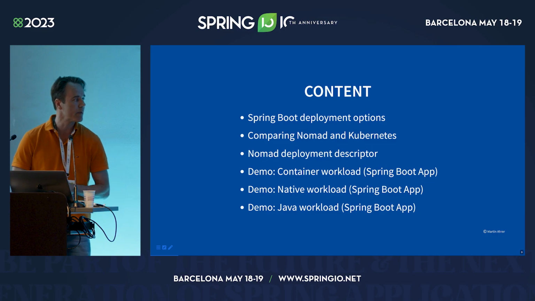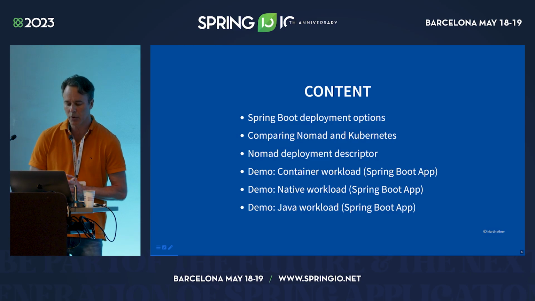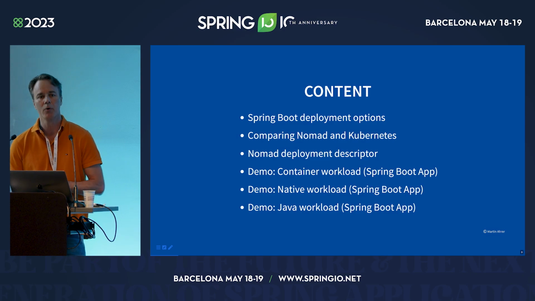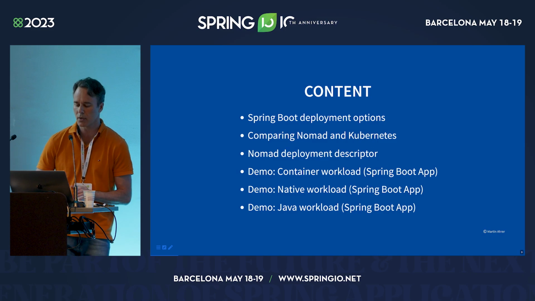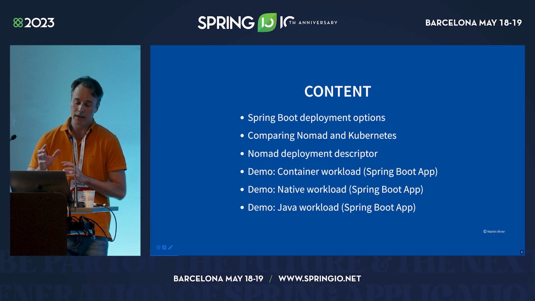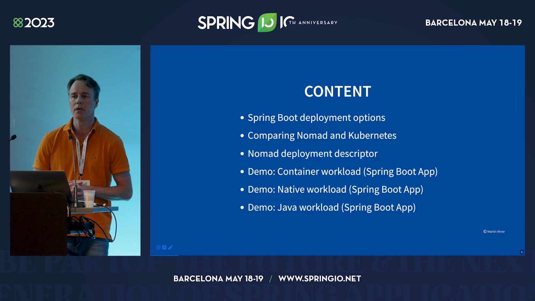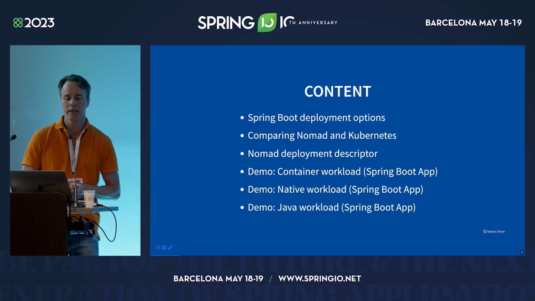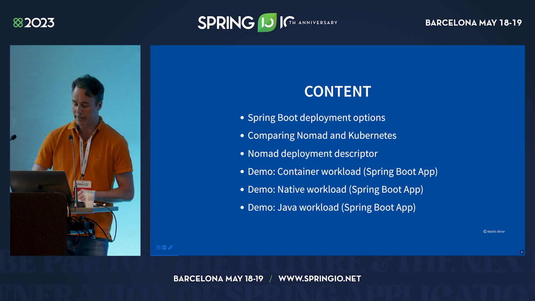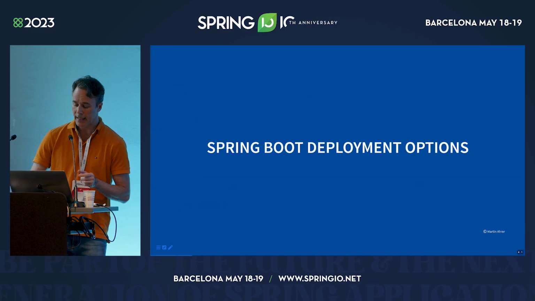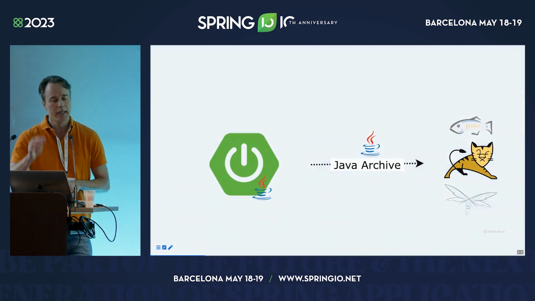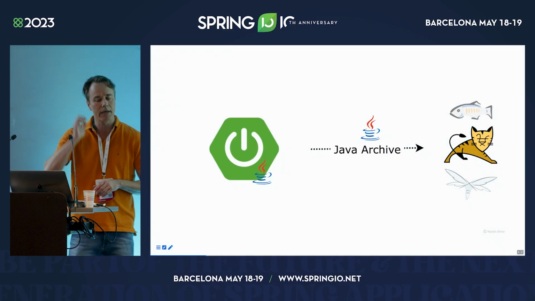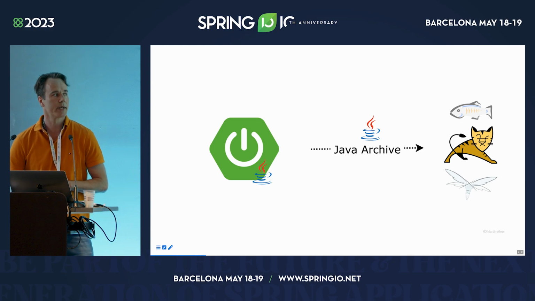Given the time frame, unfortunately, I will not be able to do the live demo on the Java workload, but you're going to notice that after seeing the native deployment, there's not a big difference to doing the Java deployment.